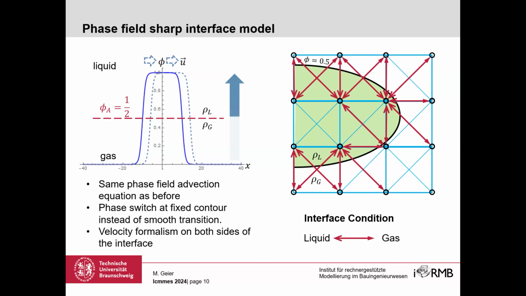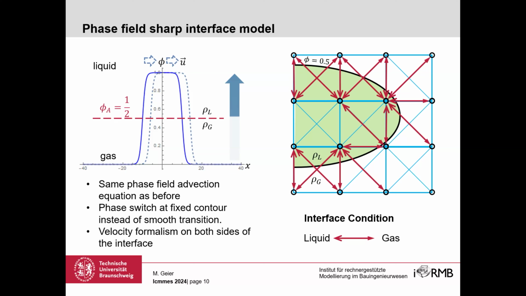So it's not a volume of fluid, but it's the same phase field method. But instead of having a transition from gas to liquid, we set a contour at phi equal to 1/2, in between these two limits, and this contour indicates for each node whether it's in the liquid phase or in the gas phase. If the phase field is larger than 1/2, you are liquid. If it's lower than 1/2, you are gas.